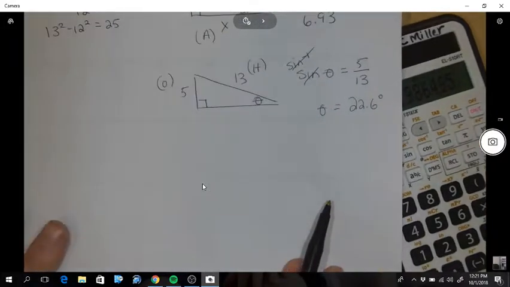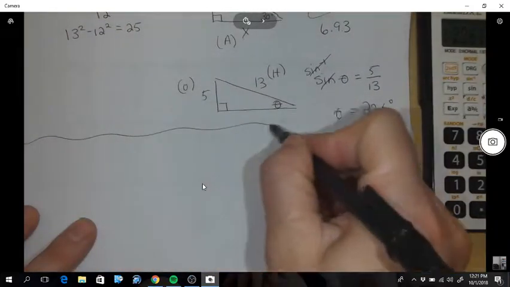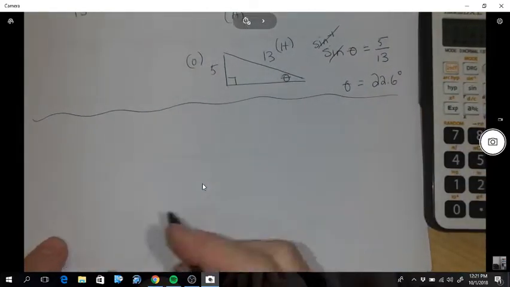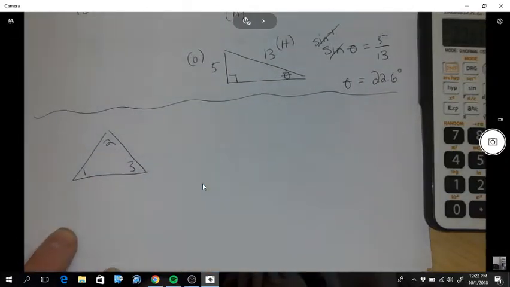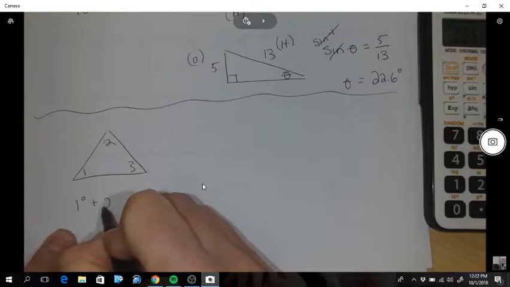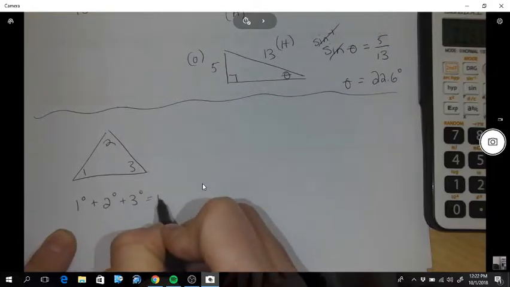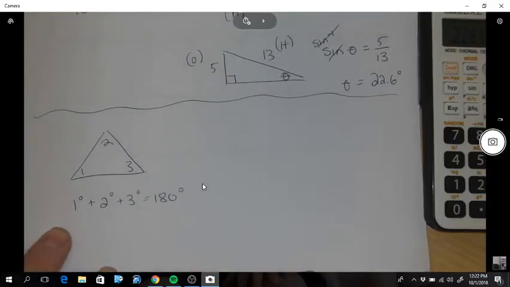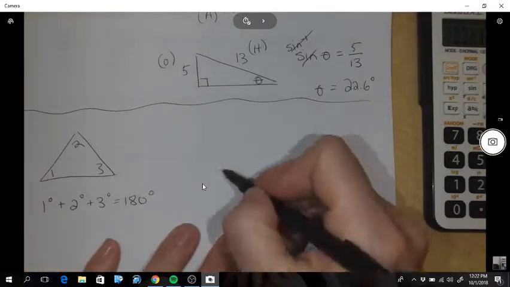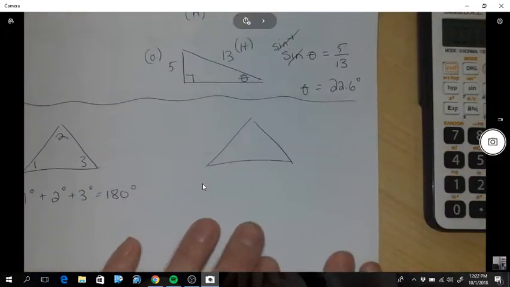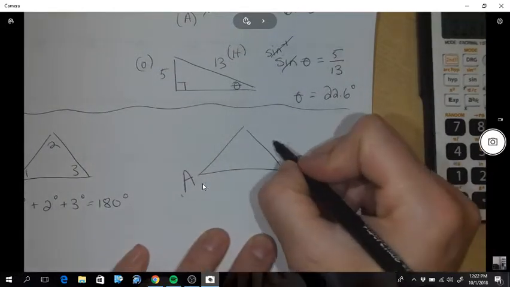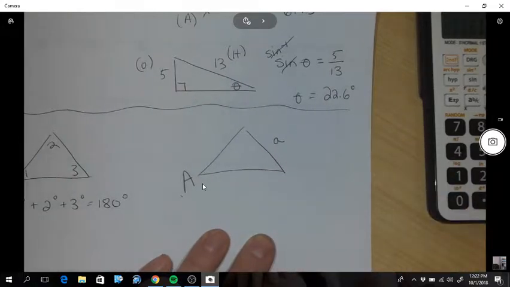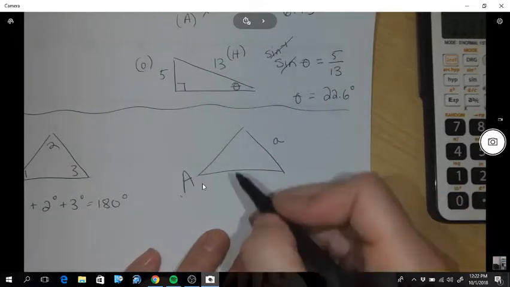Okay, just some facts that were taught to you in the past. If I have 3 angles in a triangle, they add up to a total of 180 degrees. You need to know that. The other thing is labeling. If this is an angle, it would be a capital letter, and its matching side would be across from it with a lowercase.